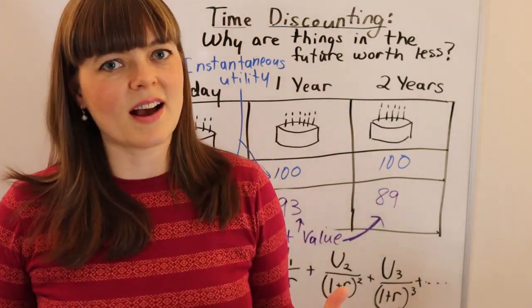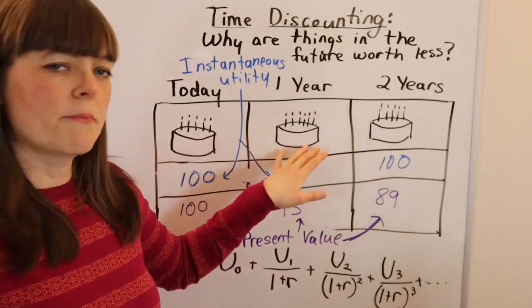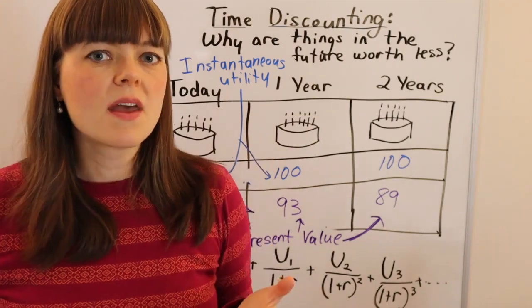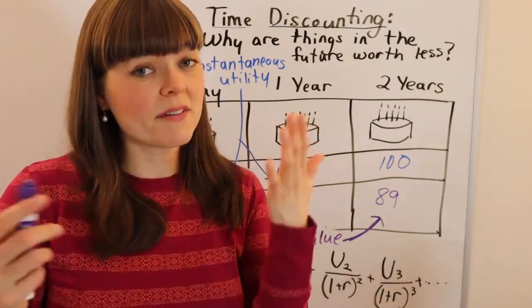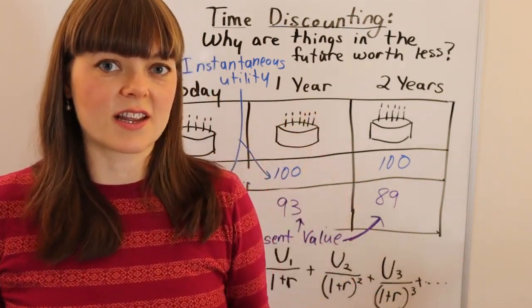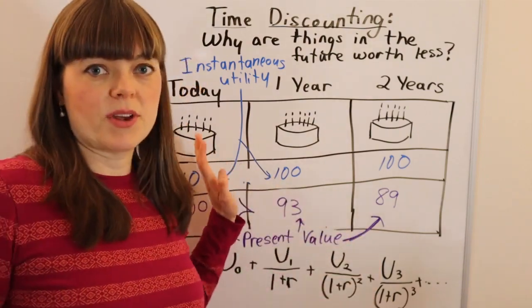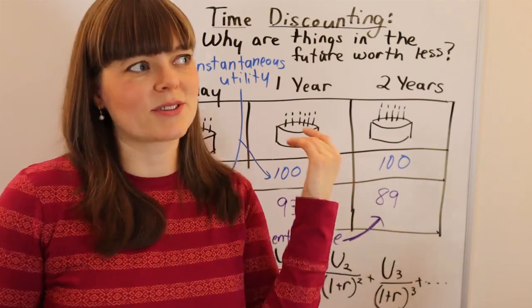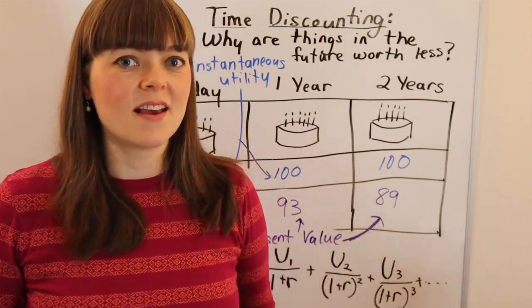Now at this point we can ask the question, why is it that people almost always prefer the cake today over the cake in 1 year? And there's a few reasons for that. One of the reasons is just going to be uncertainty. You don't know what's going to happen between now and 1 year from now. Your preferences for cakes could change. Maybe you'll stop eating sugar, you'll go on a diet.